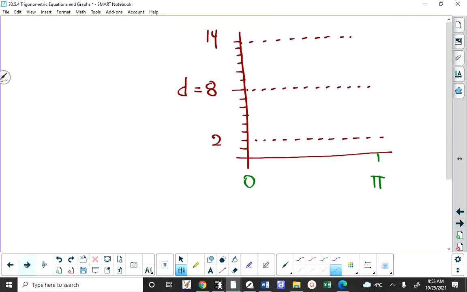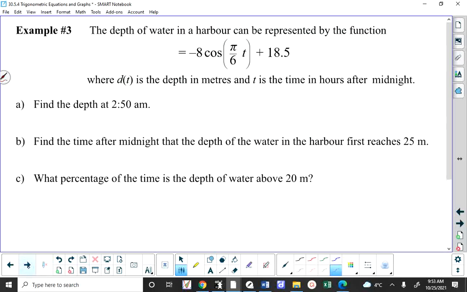All right, let's take a look at the next one. So there are two types of real-world application problems you need to be able to solve. One of them is one where you're given an equation, and the other one is one where you're not given the equation. So if you're given the equation here, you are simply asked to analyze this equation, and I'm not quite sure why I've covered that up, but your equation should say d of t equals negative 8 cos pi over 6t plus 18.5.